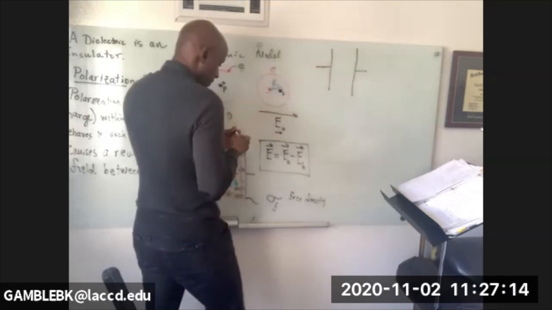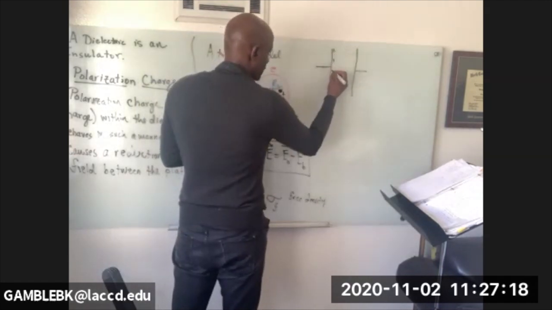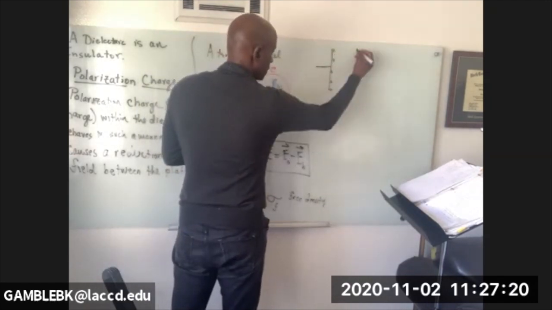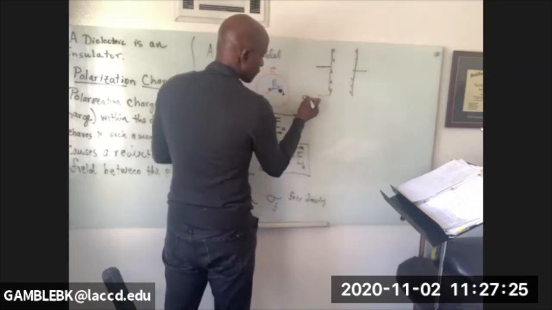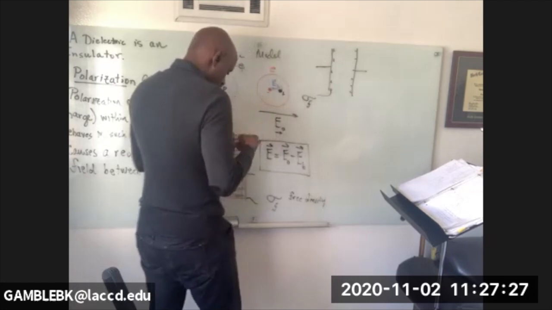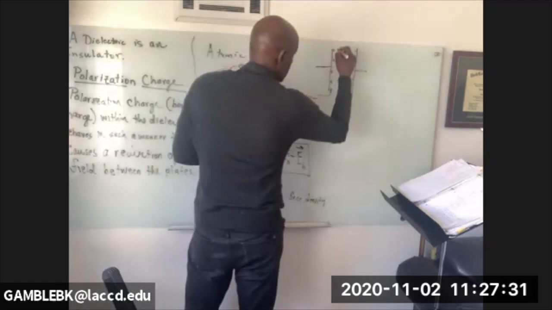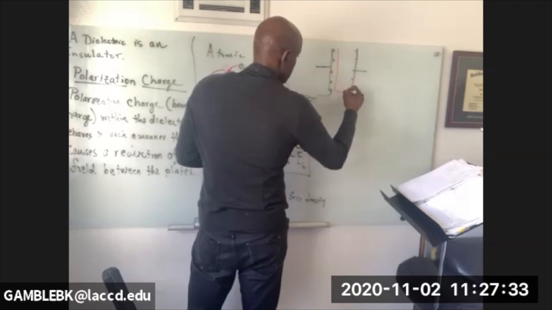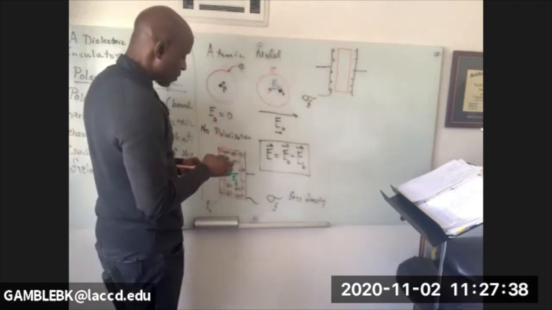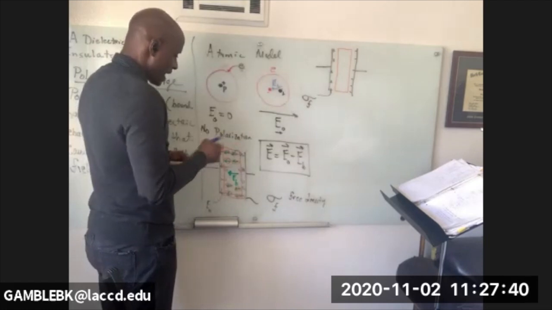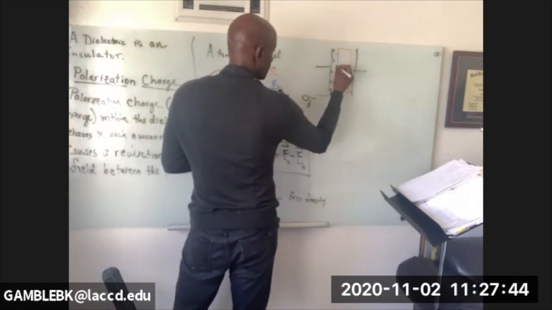All right, so over here, forgive the fact that I didn't put that charge, that's the sigma free. But now when I put my dielectric in, on the surface, due to this polarization effect, I'm going to get what looks like negative charge on the surface.